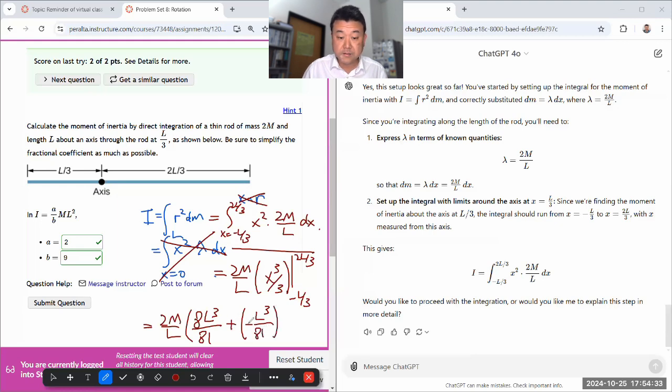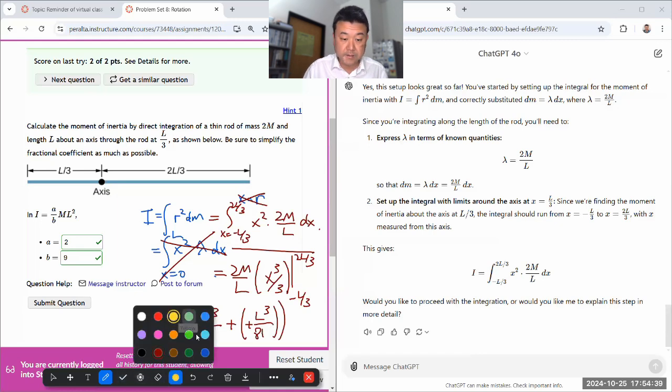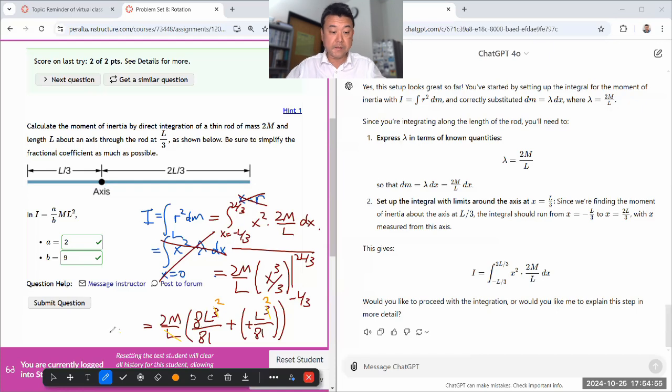The 2 minus signs cancel, so now it's plus. So you get 1 factor of L canceling. So you have 2 here, and yeah, I think the rest can simplify, but let's ask ChatGPT how this looks.